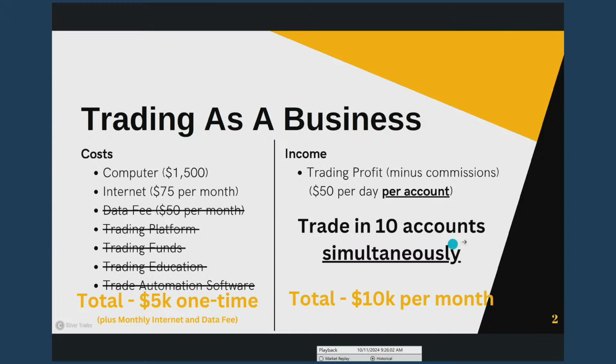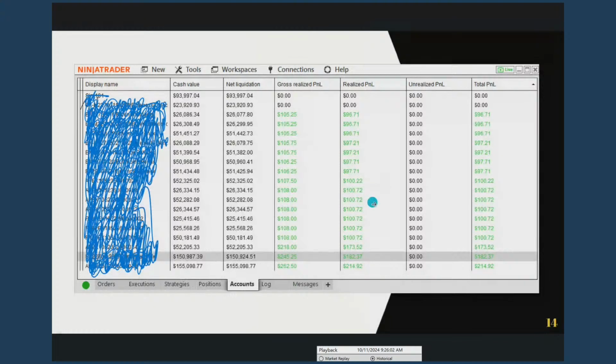So trading 10 accounts simultaneously, you can multiply your profit. So 10,000, 20,000, depending on how much you make per day per account. So $10,000 to $20,000 profit per month you can achieve by trading parallelly in multiple accounts.